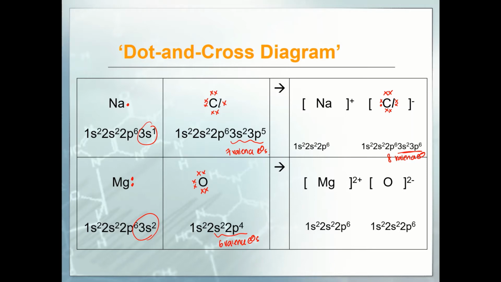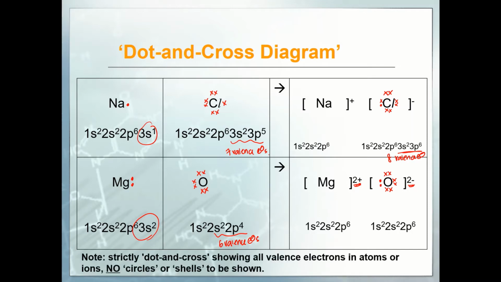Magnesium now has a 2+ charge because it lost 2 electrons, so there is no more valence electron in the outermost shell, whereas oxygen now has 8 valence electrons because it gained 2 electrons from magnesium. So there will be a 2- charge to show the 2 electrons gained.